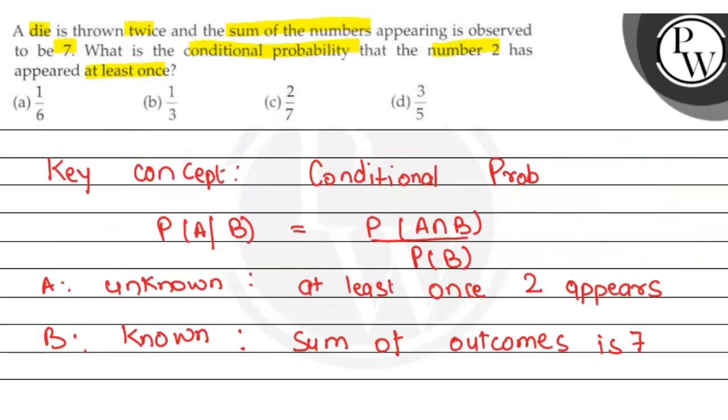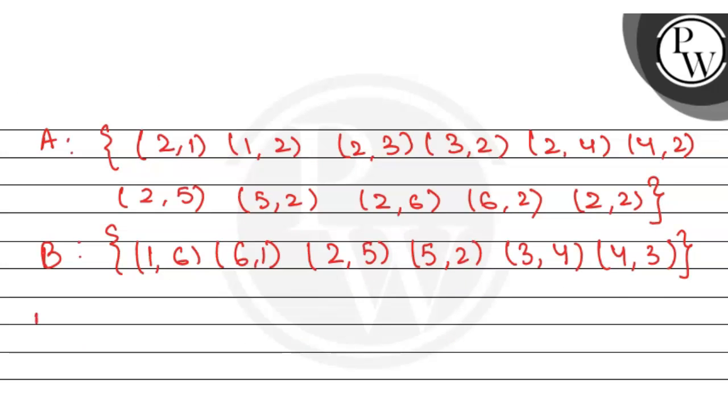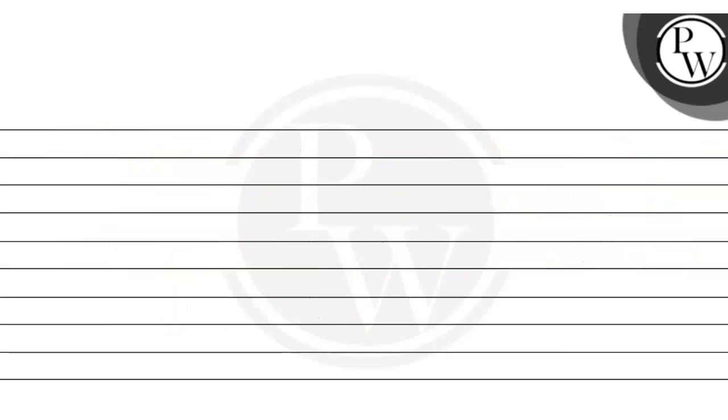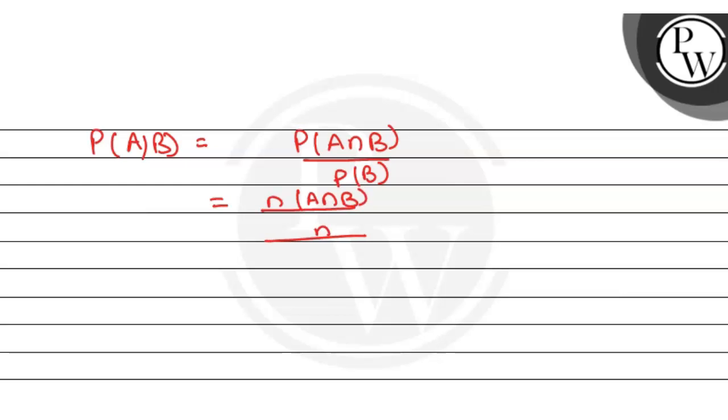Now according to the formula we need A intersection B. So A intersection B will be whatever is common in these two sets, that is (2,5), (5,2), and these are also in B. So A intersection B will be (2,5) and (5,2). Now probability of A given B is equal to probability of A intersection B divided by probability of B. So this is equal to number of elements in A intersection B divided by total number of elements, whole divided by number of elements in B divided by total number of elements.